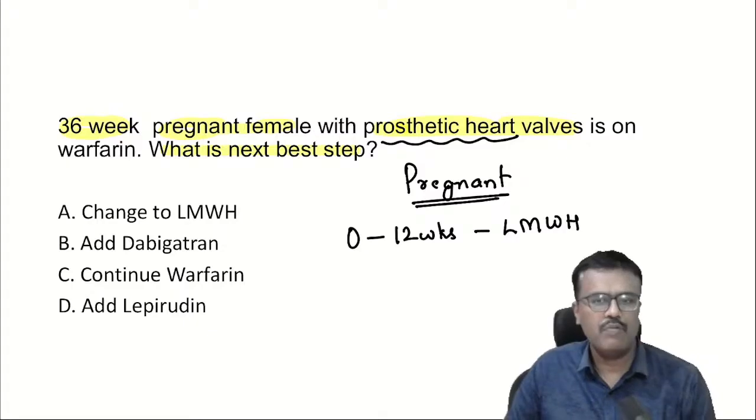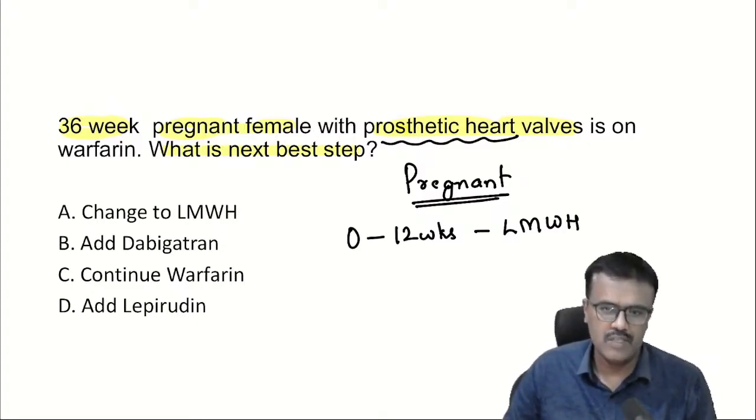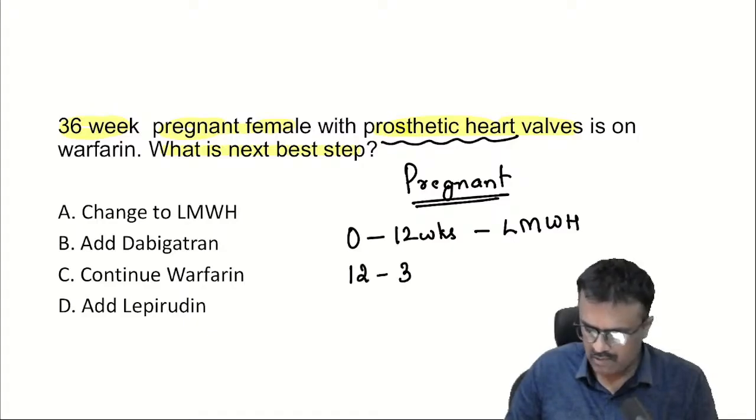We can't give warfarin because of the risk of teratogenicity. Some books say low dose can be used, but it depends on the risk. Now from 12 to 36 weeks, up to the end of 36 weeks, we can go with oral warfarin.